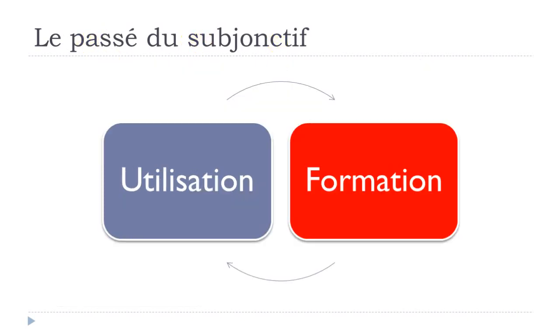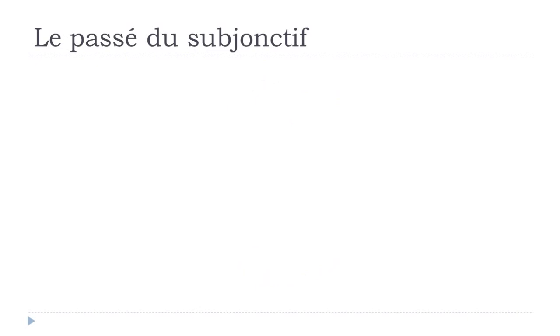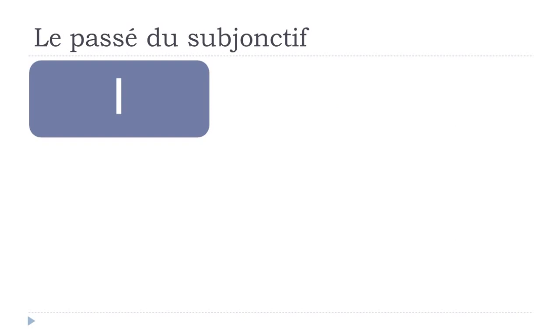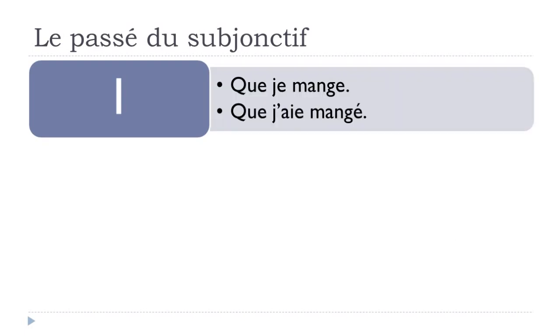Now we'll see how to make this passé du subjonctif. The best way will be to have a look at this first sentence, que je mange, and it is the subjonctif présent form, and the second one, que j'ai mangé, this is le passé du subjonctif.